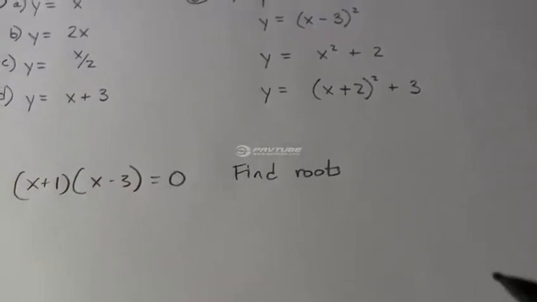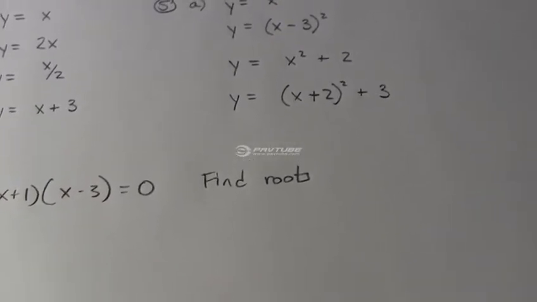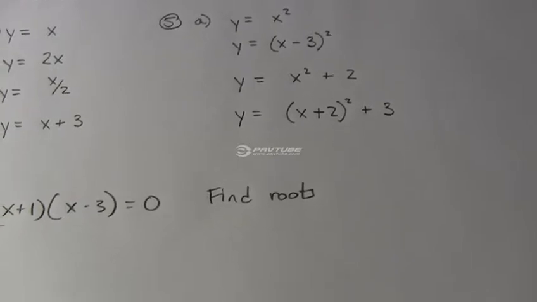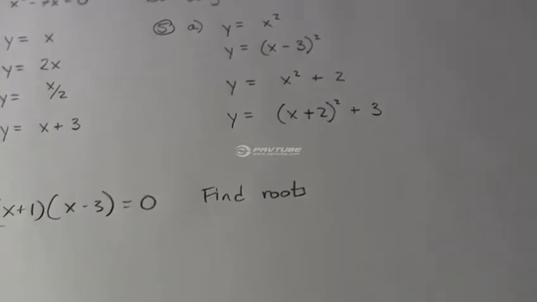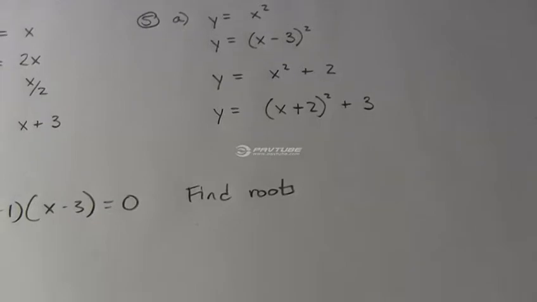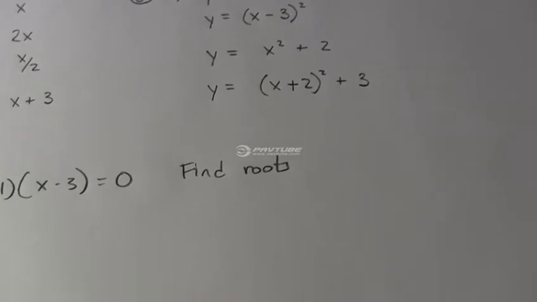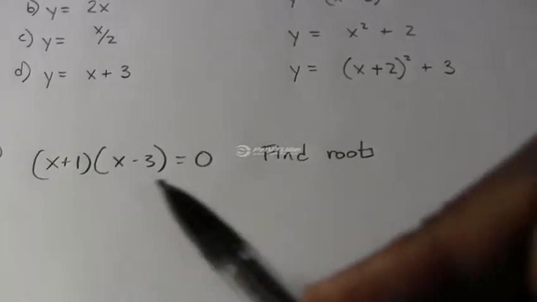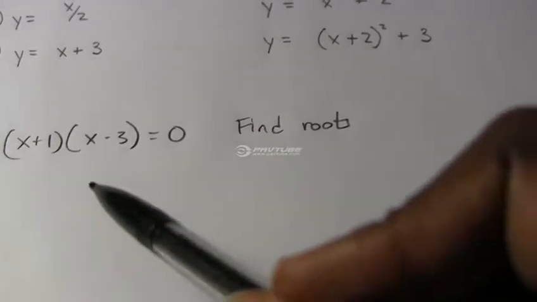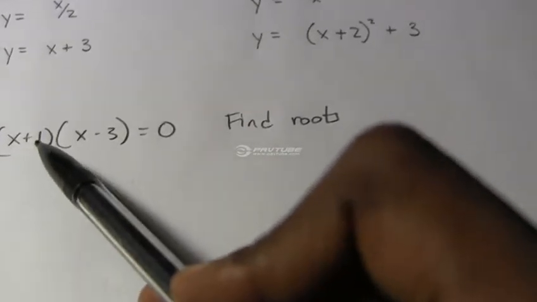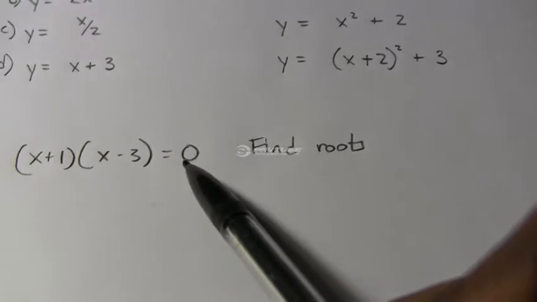So, you may have heard of FOIL. Foiling is basically when you pull apart a quadratic into 2 separate multiples. The reason why this one is pretty easy is because you're basically saying something times something else is equal to 0, right?